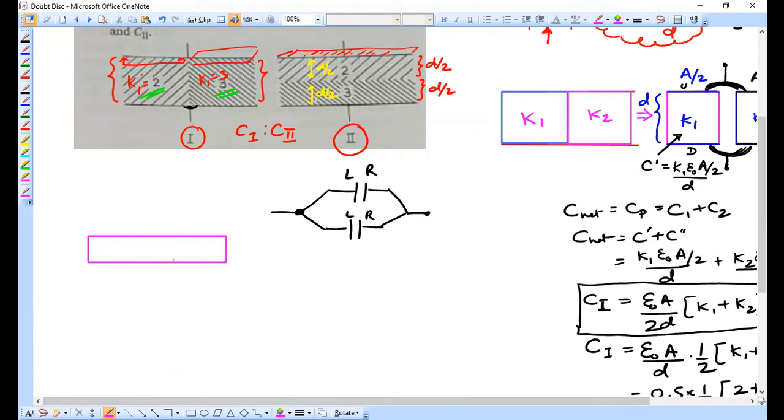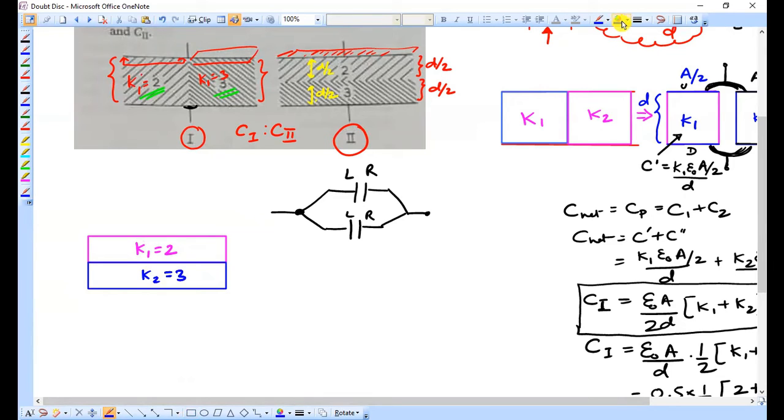So this is one dielectric. Let me call the dielectric of this material K1, which is 2. And then I have got the second dielectric K2. This is the K2. The dielectric constant of K2 happens to be 3.